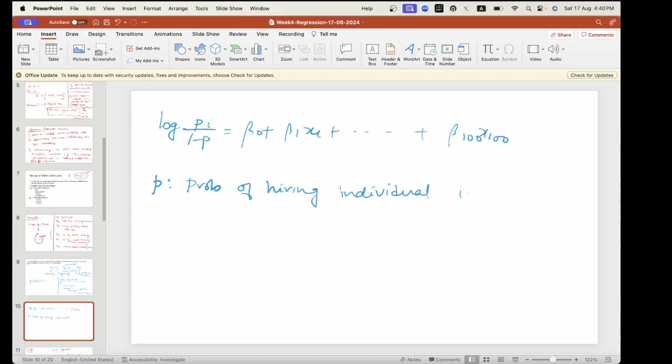So this is your model, p_i as a function of x_1i to x_100i. This is your probability of hiring someone.